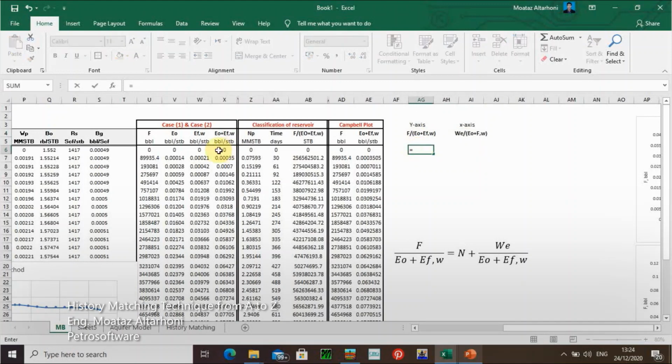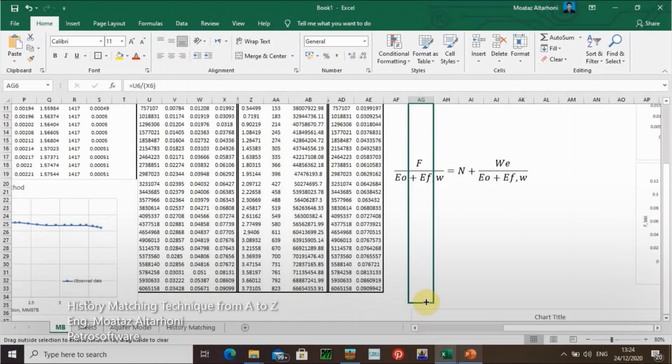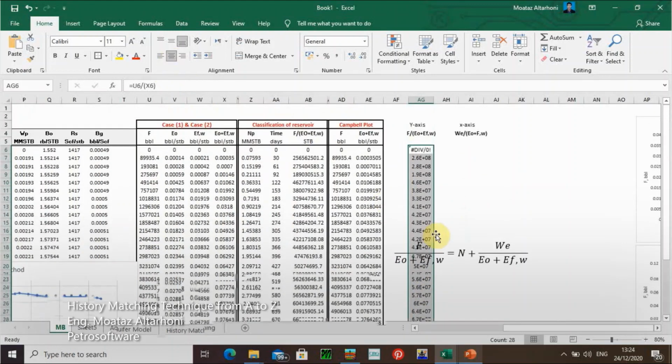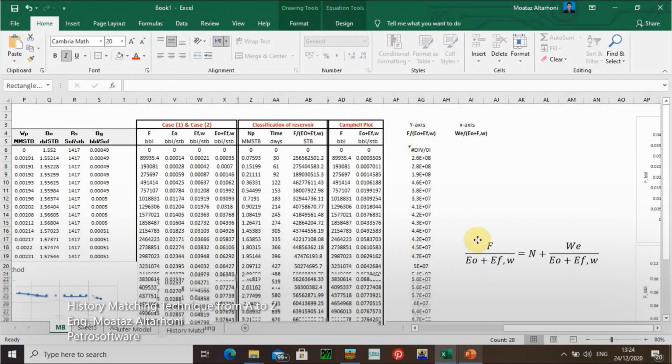So now I have F here divided by the total expansion of both water, oil and expansion. That's good. Yeah, the first one is equal to 0. All right, that's good.